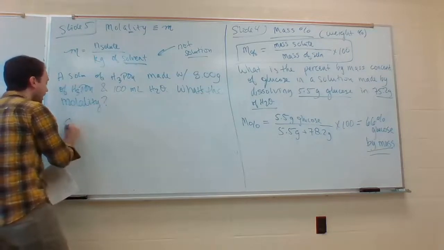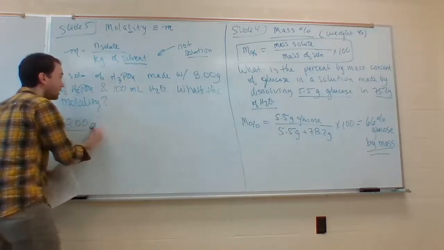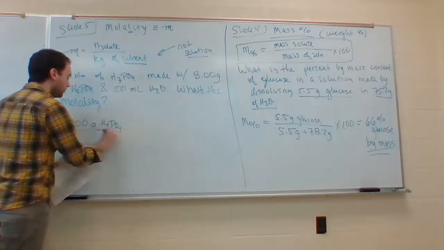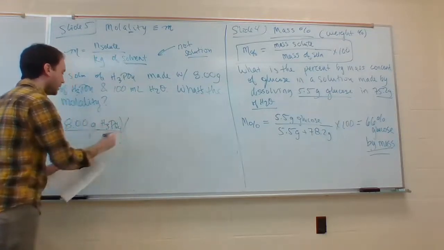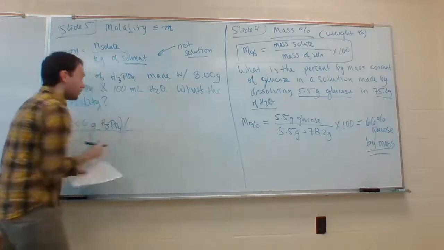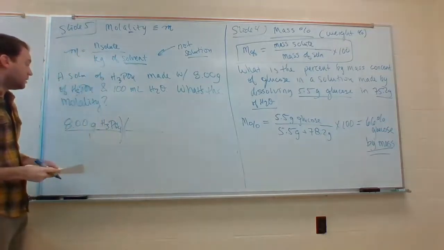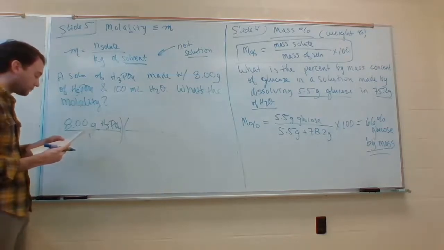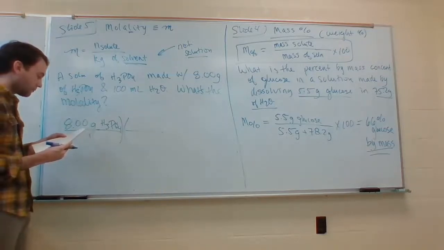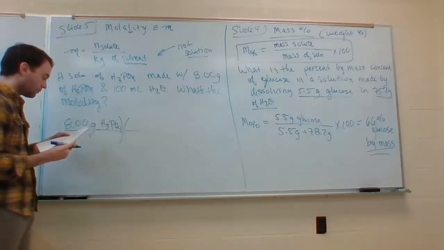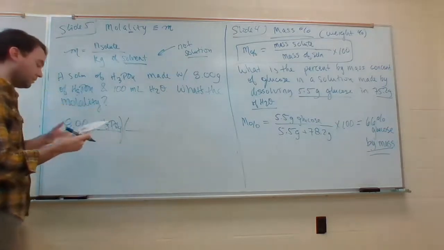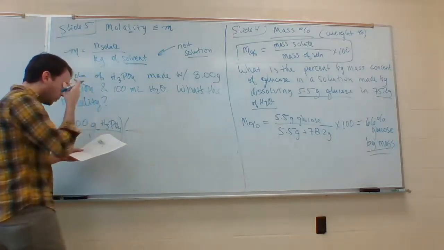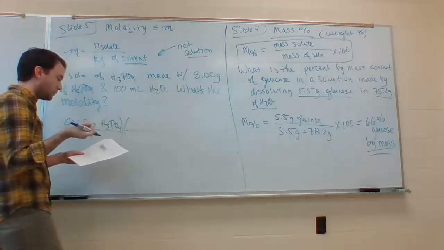So we start with 8.00 grams of H3PO4. Then we're going to use the molecular weight. The molecular weight for phosphoric acid was 97.994 grams per mole.